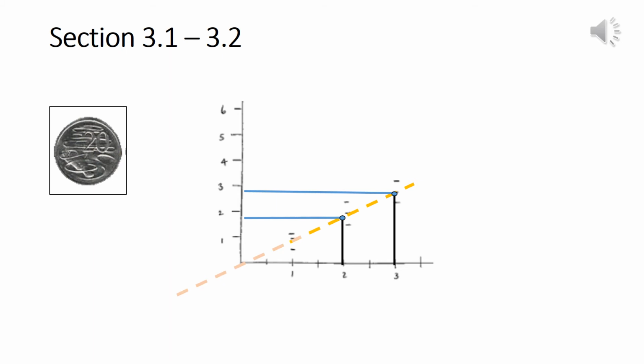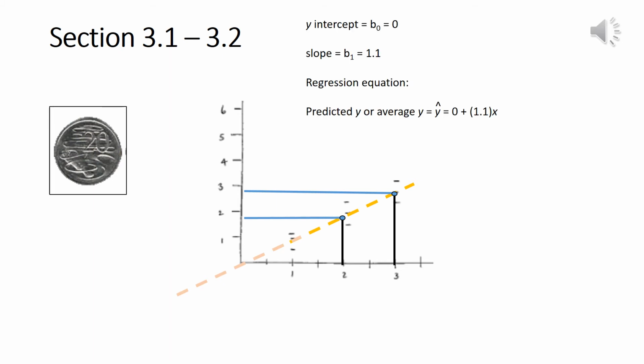We can then write these out by the correct symbols. So the y-intercept, also known as beta 0, in this case you can see it actually cuts at about 0. Slope, also known as beta 1, is approximately about 1.1 divided by 1. So we get about a 1.1 there.